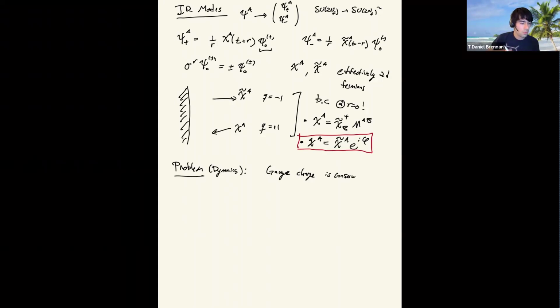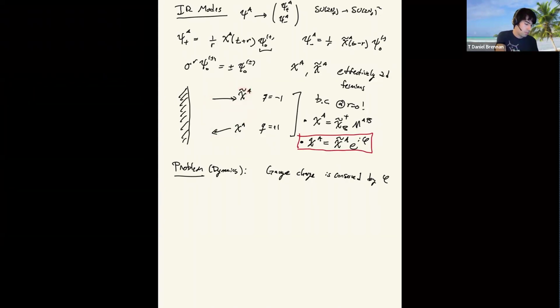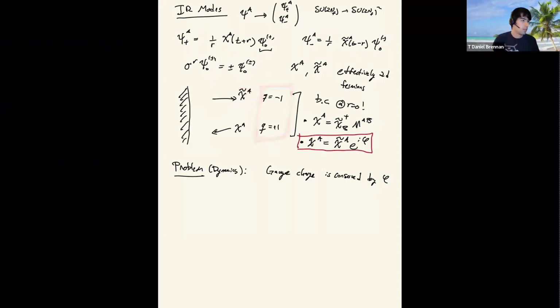So the picture is you have some ingoing single chi mode, and then you get a single outgoing chi tilde mode. The difference in electric charge is 2. So you have the dion degree of freedom excited here on the boundary.